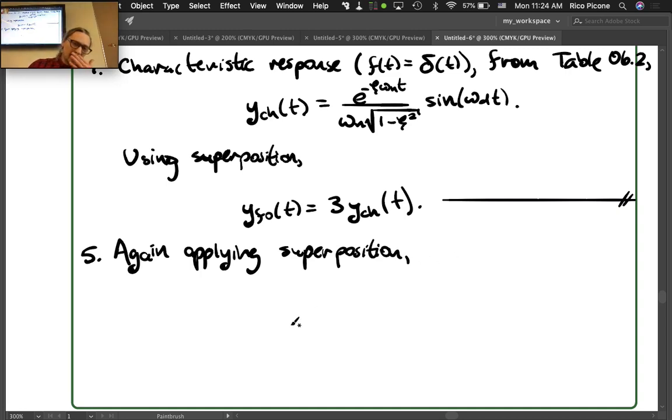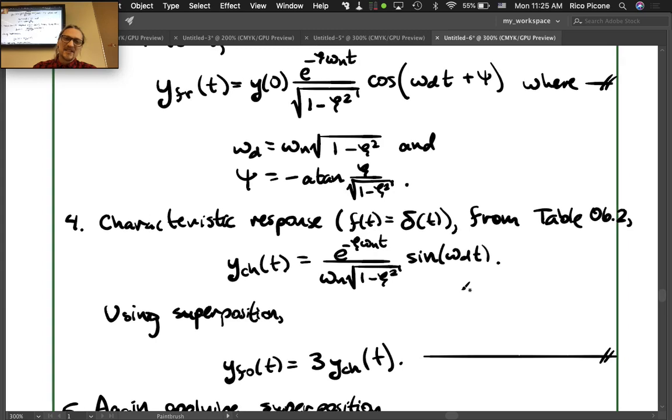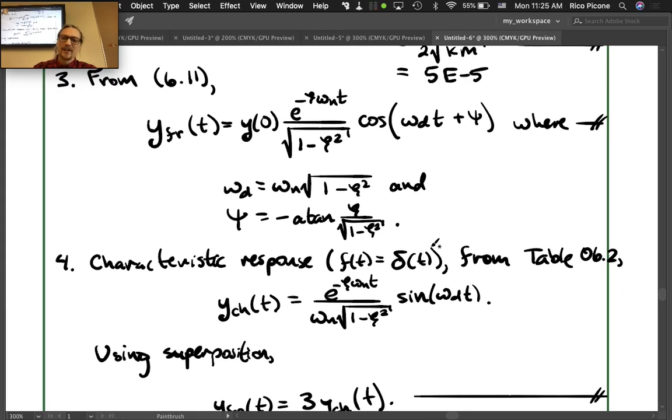Applying superposition, we can say that our y of t is equal to y free of t plus y forced of t, which, I mean, is the answer, because we already defined what both of those are.